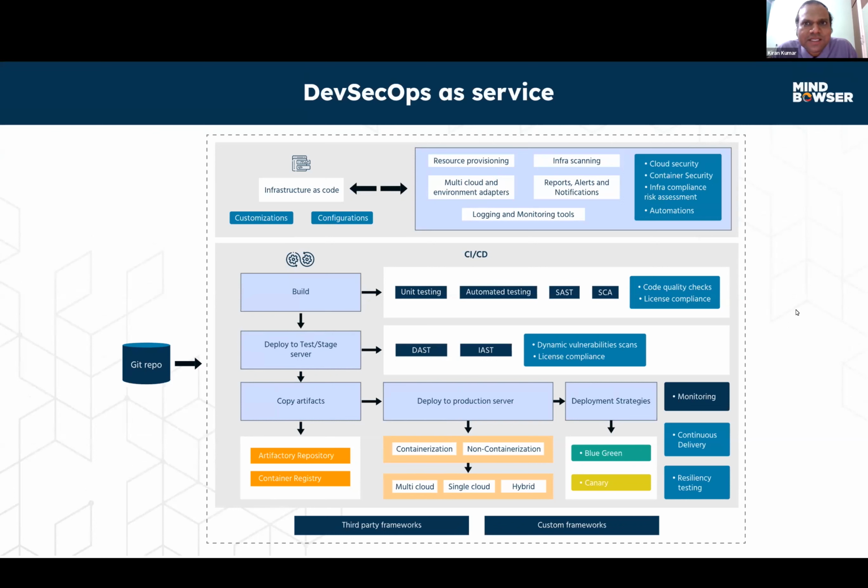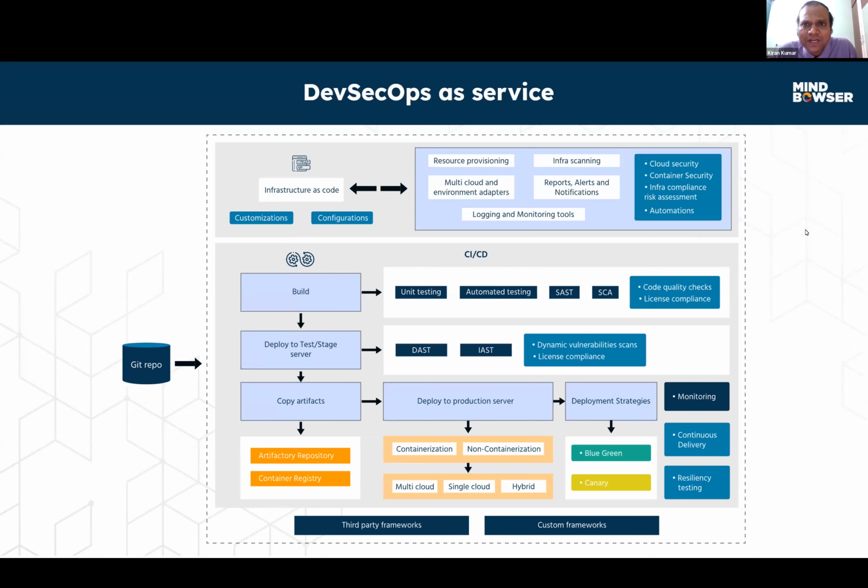We had some use cases recently where we implemented this for a few healthcare companies, which have to do frequent security risk assessments both at the infra level and at the application level.